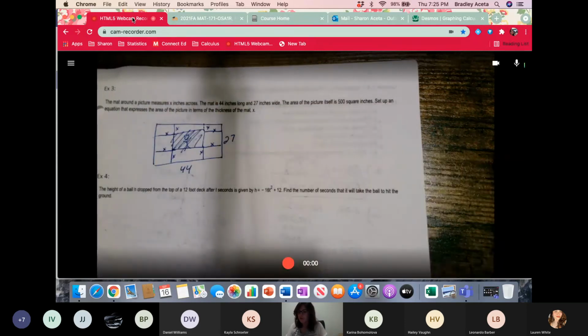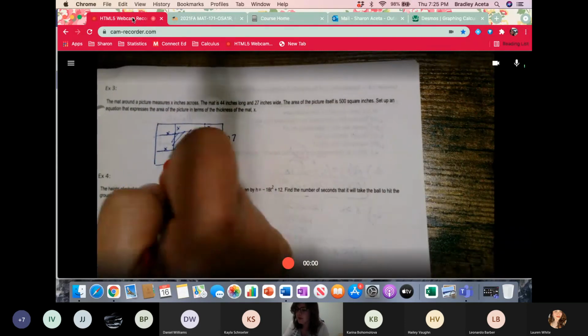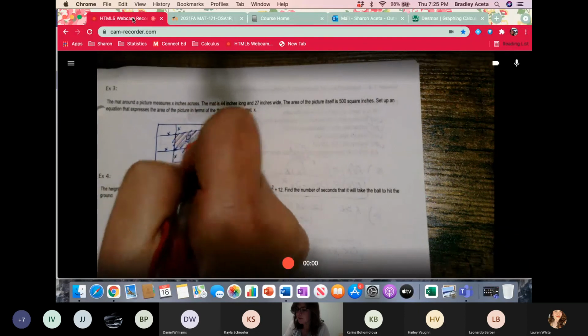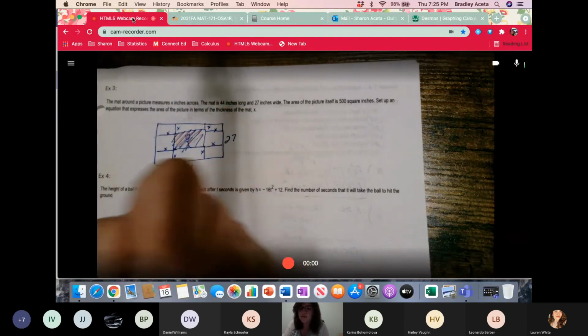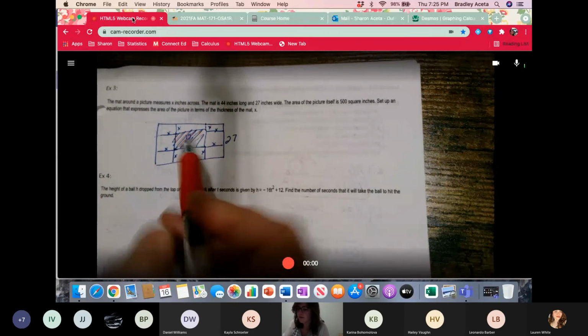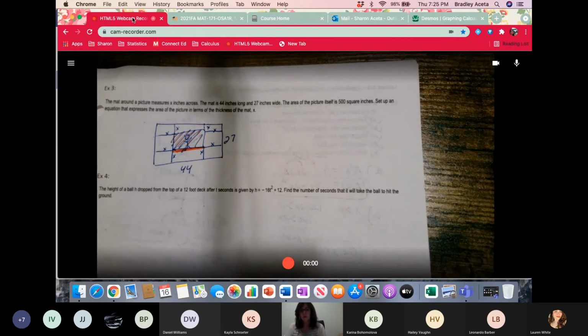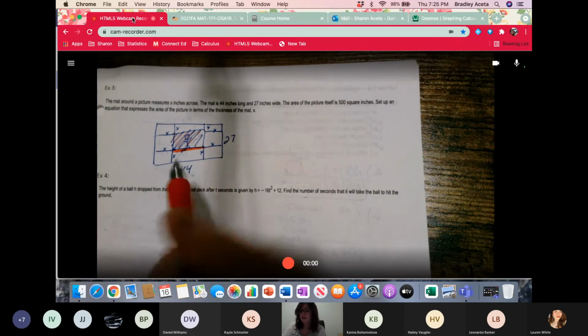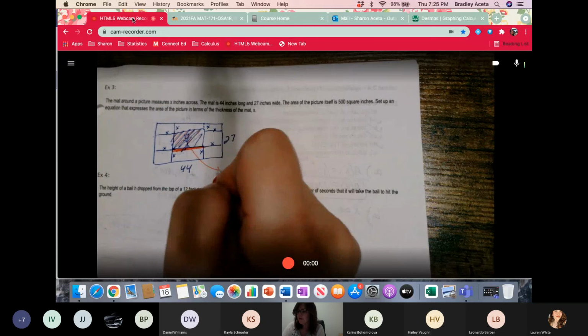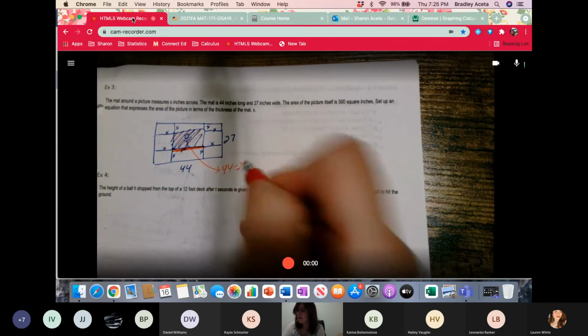So again, we're finding the area of the picture. Here's my picture. I know this mat is 44 inches that way. So how could I write an expression for that little portion? Well, it's 44 minus this X minus this X. So that part right there is 44 minus 2X.